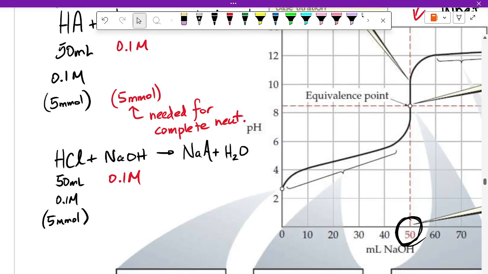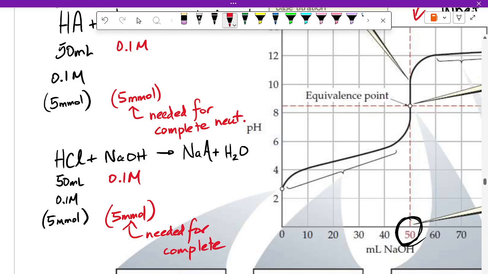How many millimoles of NaOH do we need to neutralize the HCl? Also 5. And we know that we used 50 milliliters, and so this would also have to be 50 milliliters.